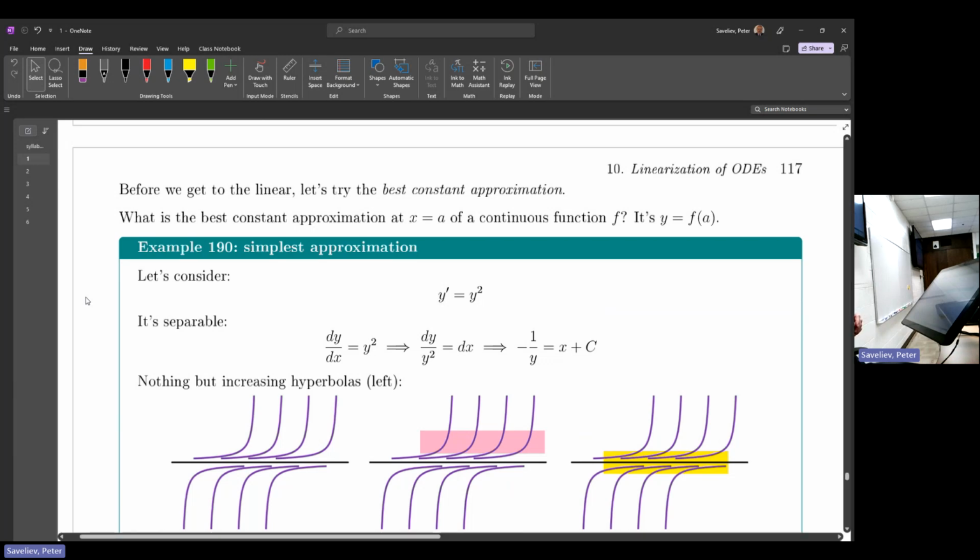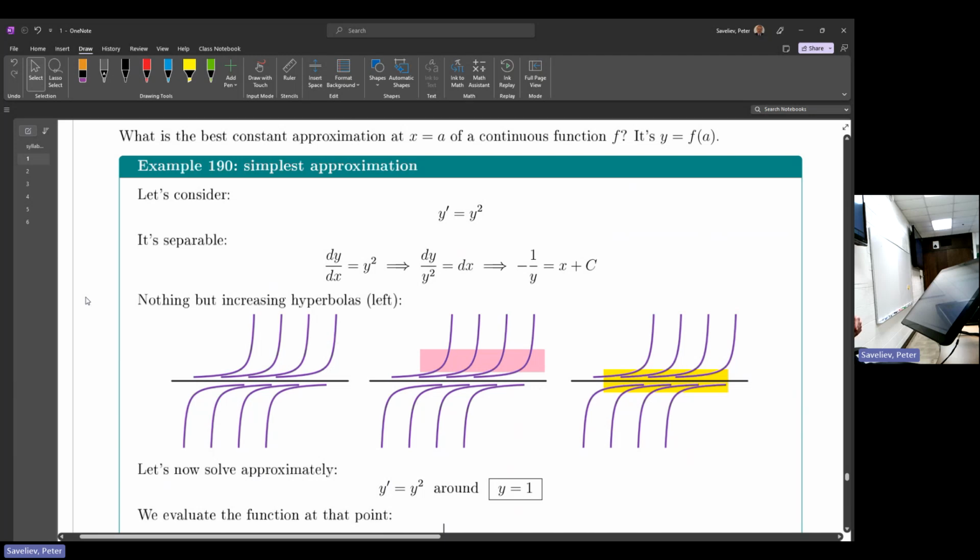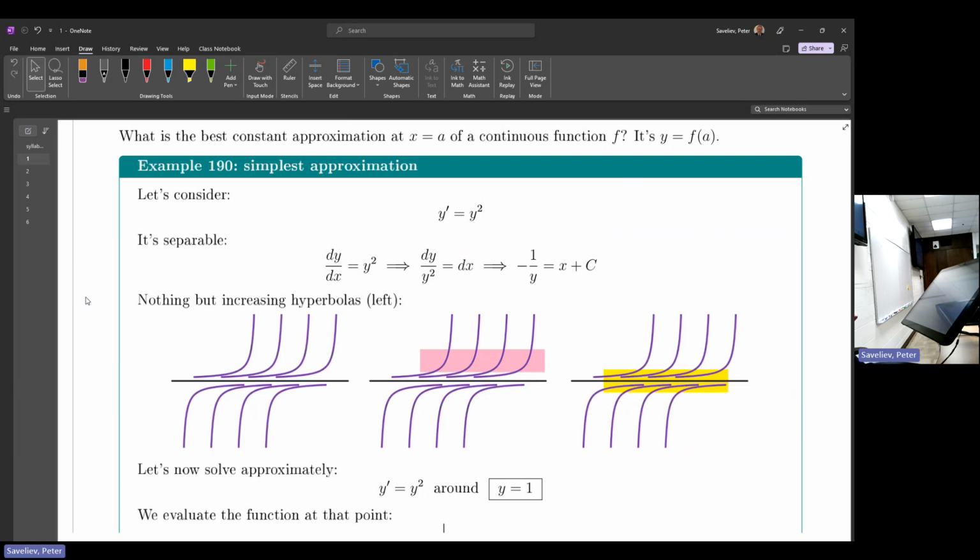If we try to classify the behavior, the two main behaviors are either the pink or the yellow. Once again, the generic behavior is pink: everything is going up. In the vicinity of a stationary point, the behavior might vary, and that's where we might be interested.